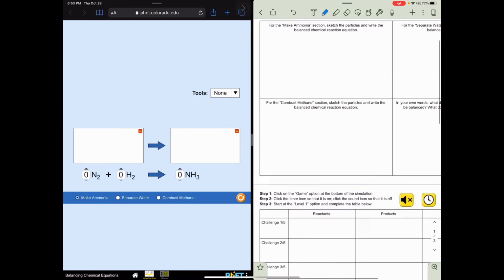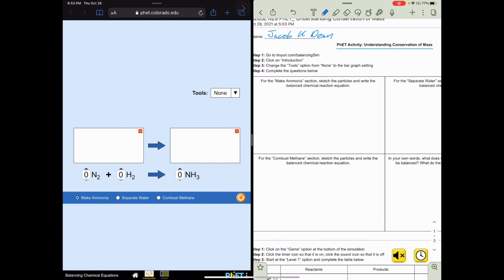And we're going to start with this first one. So make sure, like I said, you're in the introduction. And for this first one, your directions are for the "make ammonia" section, sketch the particles and write the balanced equation. Make sure that everything is balanced, 90% of what we're doing today. And write the balanced chemical reaction equation in this box here.